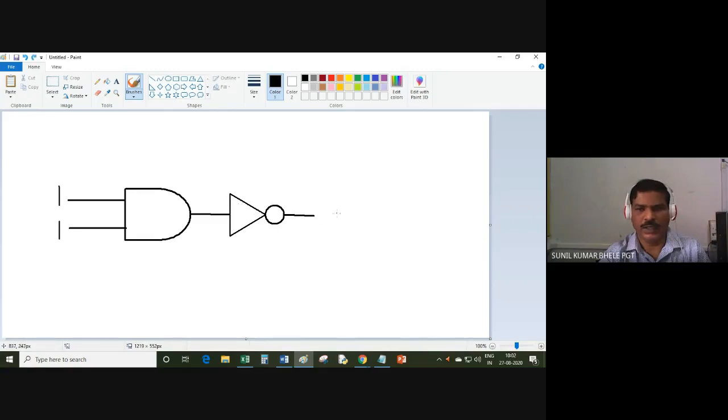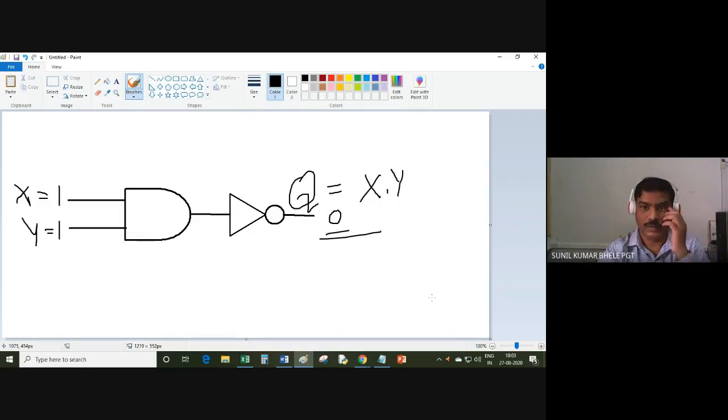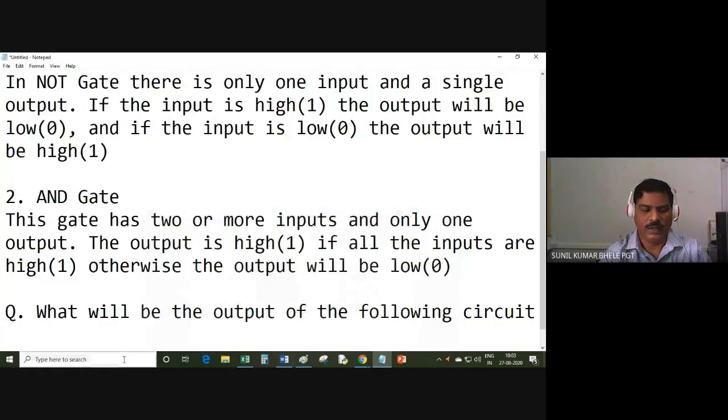Output is denoted by Q. Inputs are denoted by X and Y. Suppose X is 1 and Y is 1, then Q equals X dot Y. So the output will be 0, and you can write down the answer 0.